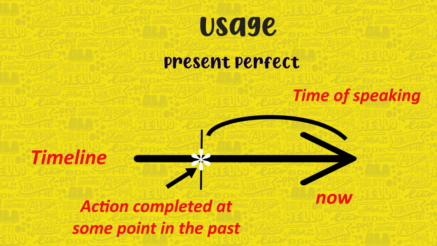Already is mostly used with affirmative sentences and yet is used in negative sentences and also in questions. Another characteristic is that most of the time we think about how much and how many with the present perfect.